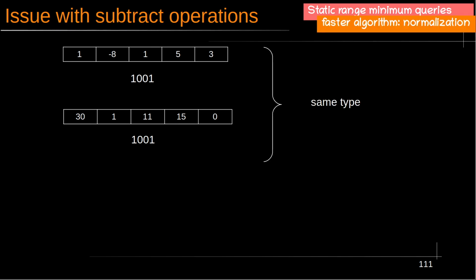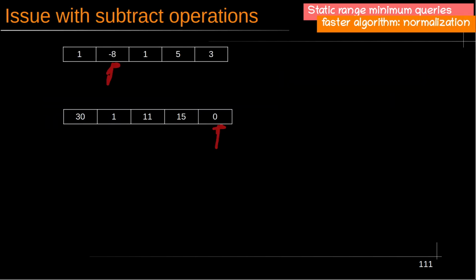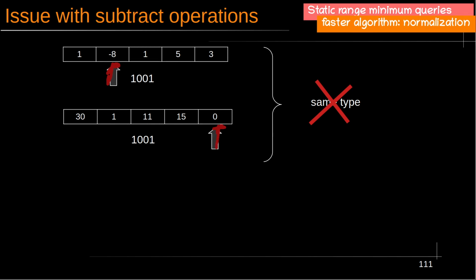But as you see, it's obvious that these two arrays are not the same type or the same model or the same normalization, because here the minimum is here, but for this array the minimum is here. So these two arrays are not the same type. So this is the wrong method to normalize the blocks. We have to pick another criteria.